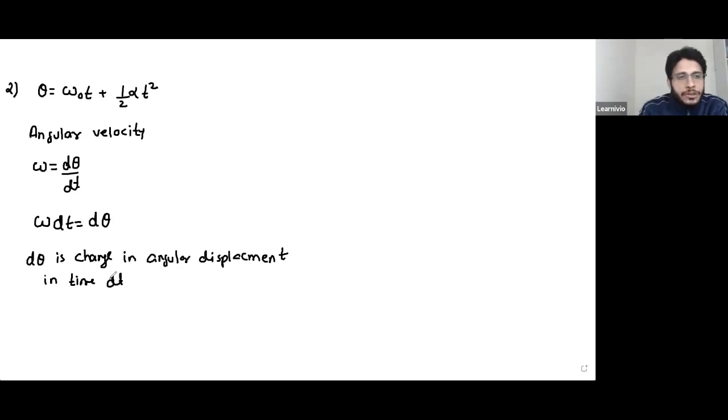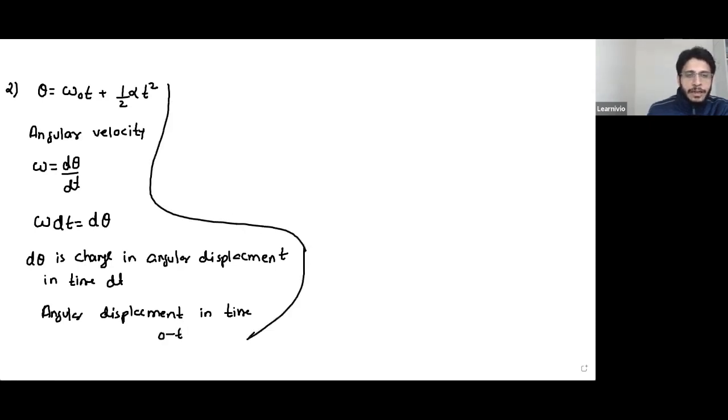I need the angular displacement in time 0 to t. Now to calculate the angular displacement in time 0 to t, just integrate on both the sides.